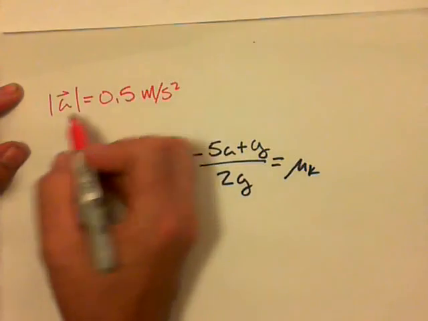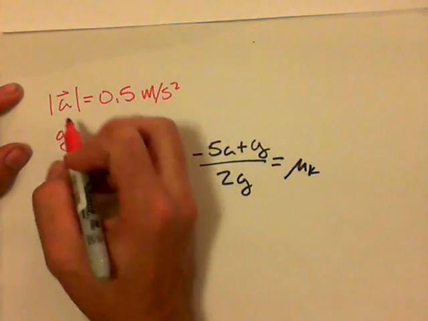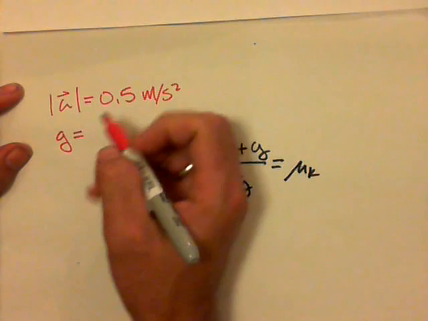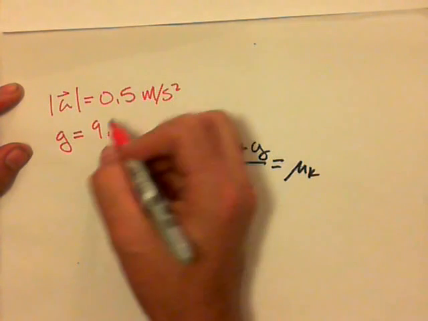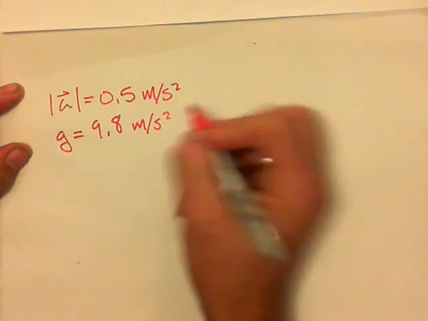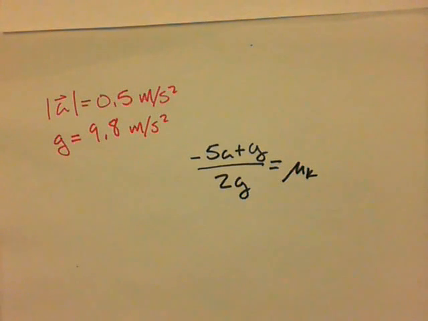Okay, and then we have gravity, which we're going to call 9.8 meters per second squared. Okay, and we'll just plug those all in, and that'll give us our solution.